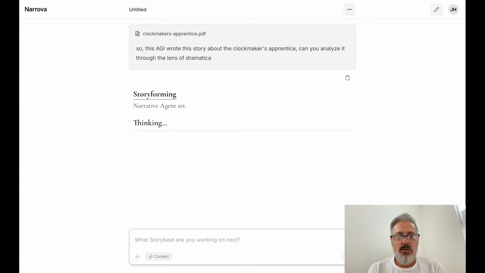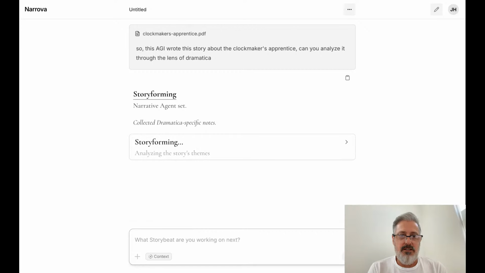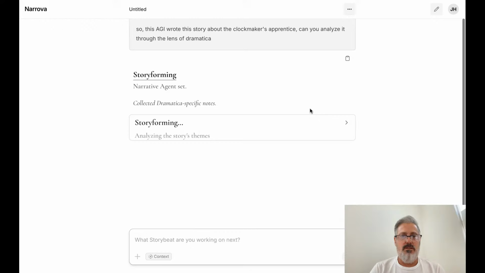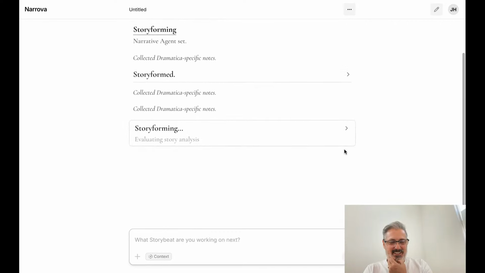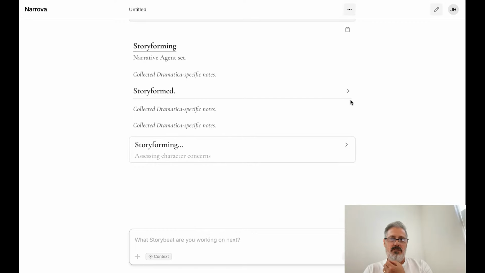Reading through all this stuff. I mean, it's literally like 500 words. It's going to read it a million times unless it can't find it. Character dynamics. I think there's like one character. Is it the right one?